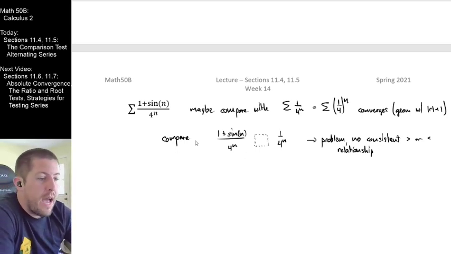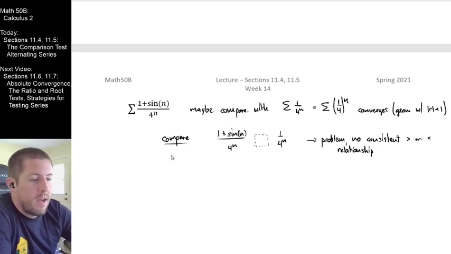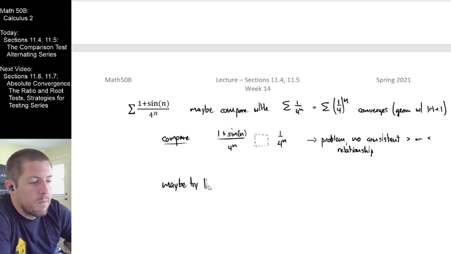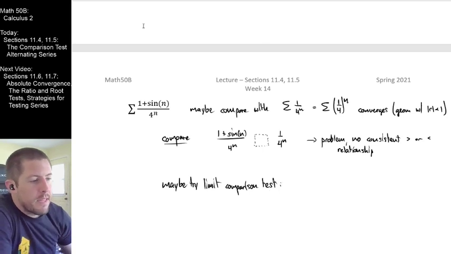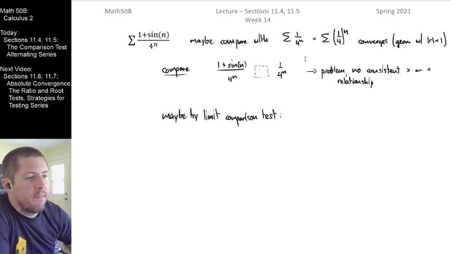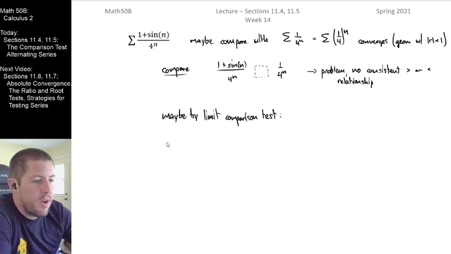Okay, so I don't see how this comparison works, right? So let's maybe try the limit comparison then. So I feel like that 1 over 4 to the n is good. We know it converges because it's a geometric series. So I think I can say that my a sub n is the 1 plus sine of n over 4 to the n.